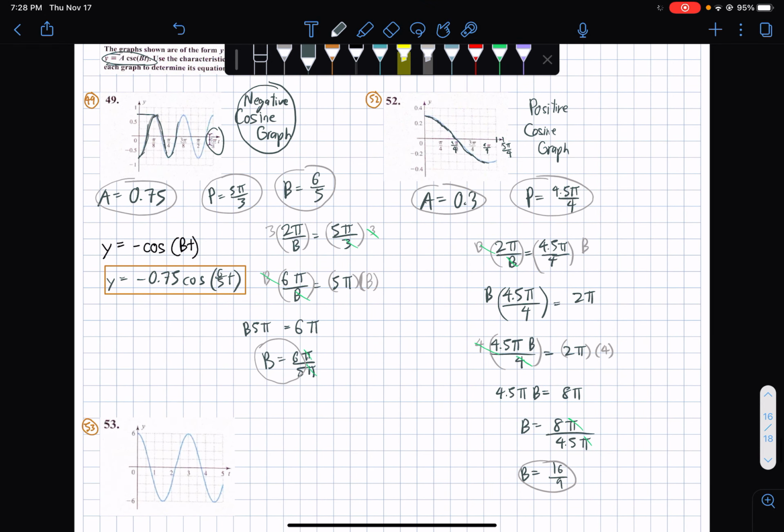So the template for a positive cosine graph is y is equal to a cosine bt. Y is equal to, actually, 0.3 cosine 16 over 9 t. We know that the cosine is positive because based on the graph, it's descending. It descends from its positive amplitude position.